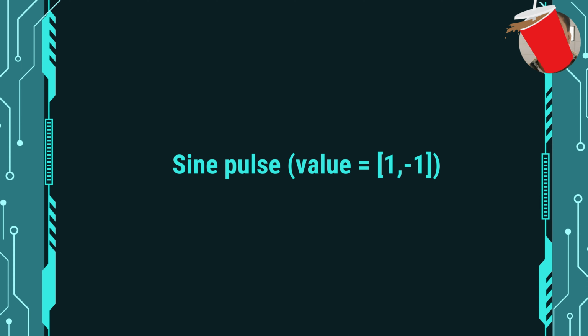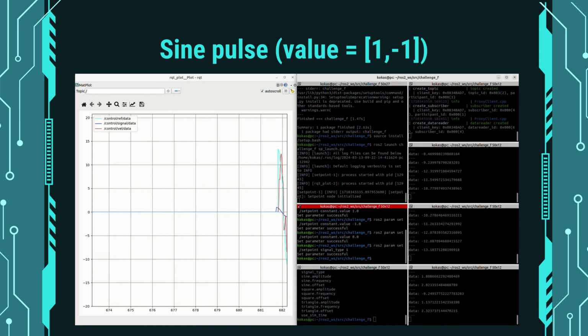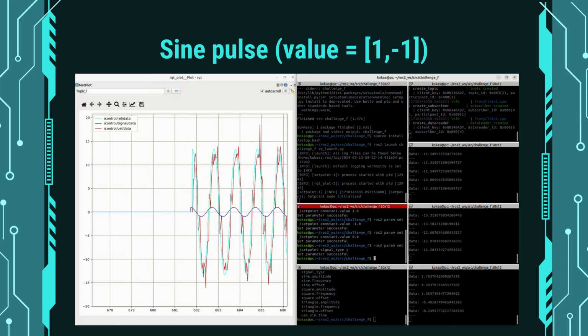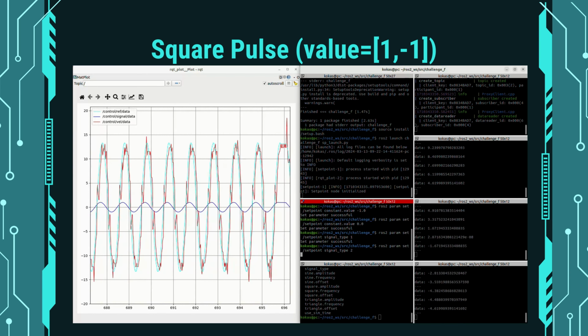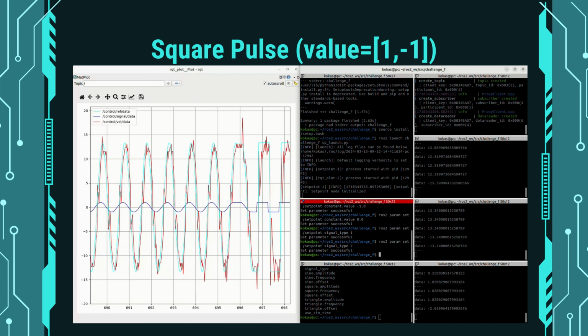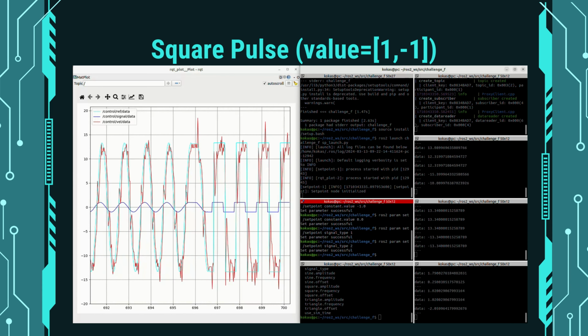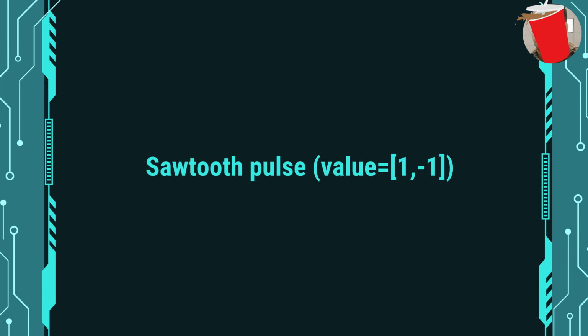After that, we send a sine pulse with range from 1 to -1. Square pulse, with range 1 and -1. It's a tooth pulse with the range 1 and -1.